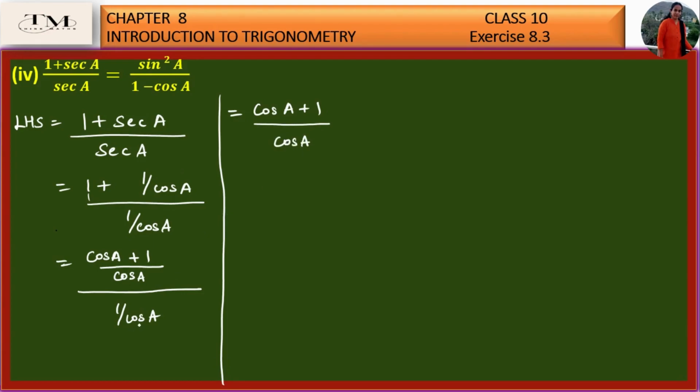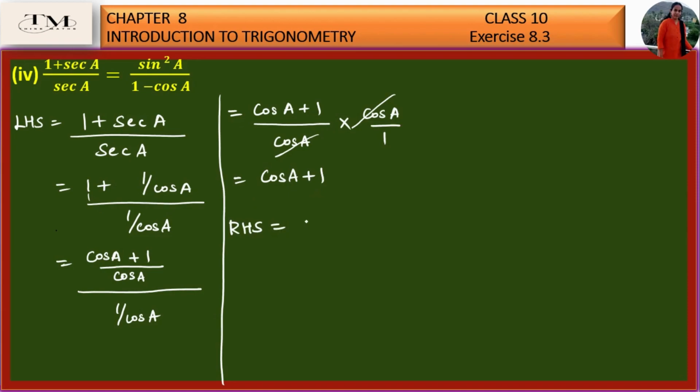It is 1 by cos A. That is A by B will become B by A. So if you write it as product, it will be cos A divided by 1. So this cos A gets cancelled. So we will get cos A plus 1. So this is LHS.